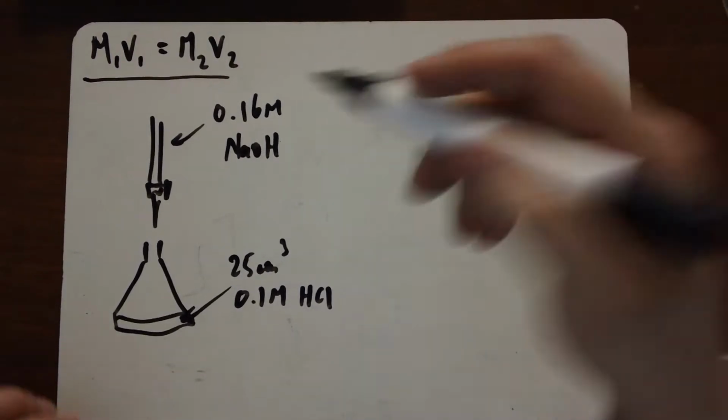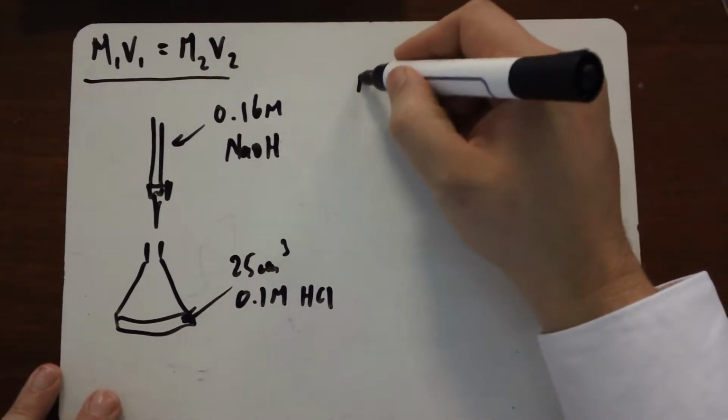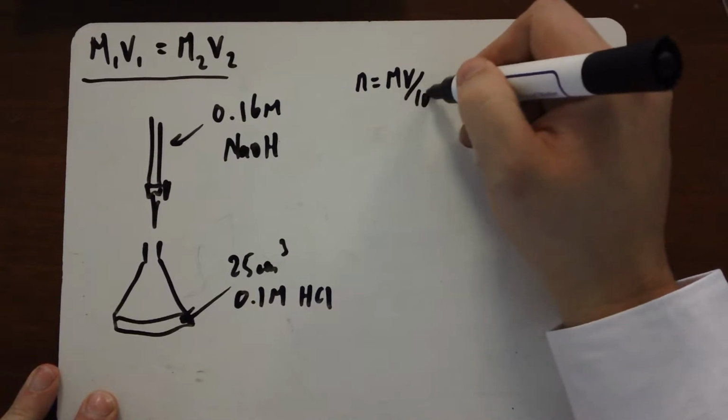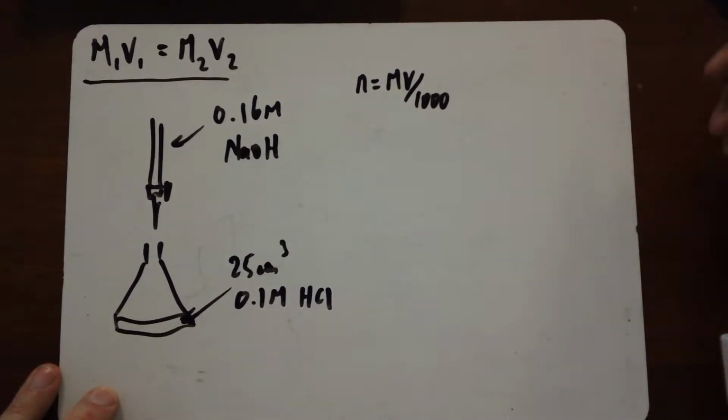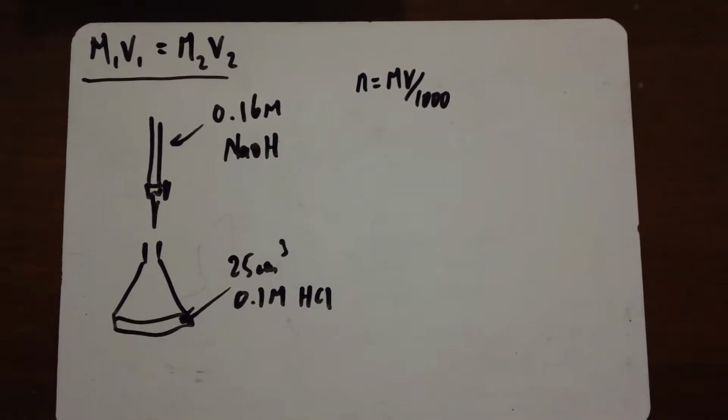Now there is a shortcut, and it's m1v1 = m2v2, and where it comes from is using the n = mv/1000 rule, and we do two calculations at the same time.